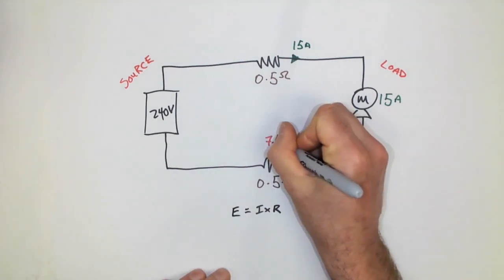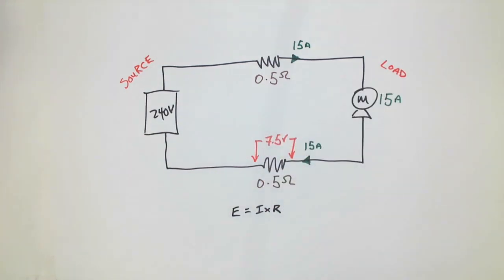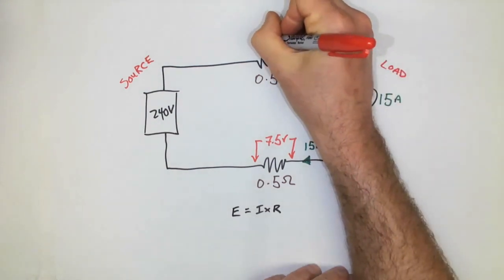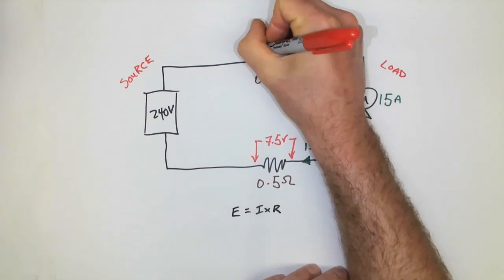Now I really only have to do that calculation once because both conductors are identical in value and the current value that's flowing through them is identical as well. So we can then say that 7.5 volts must be dropped across each conductor.